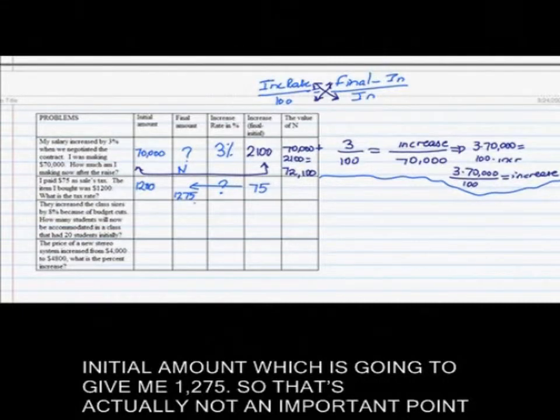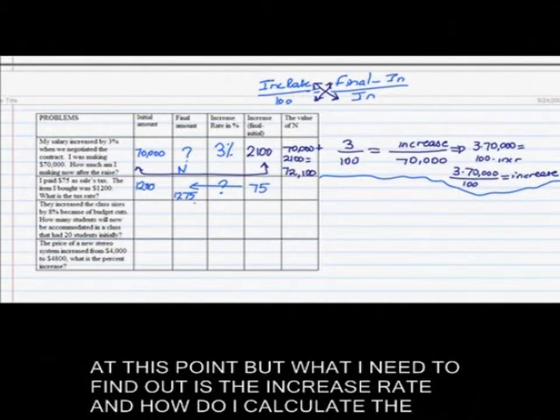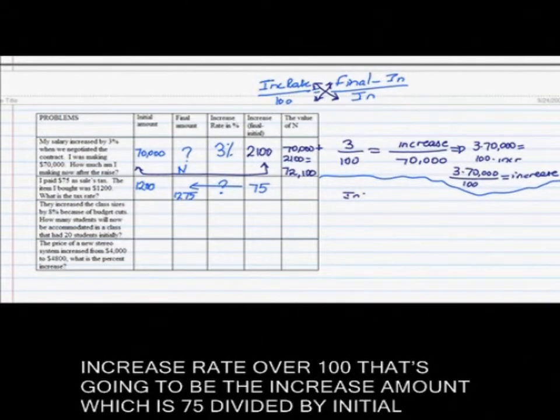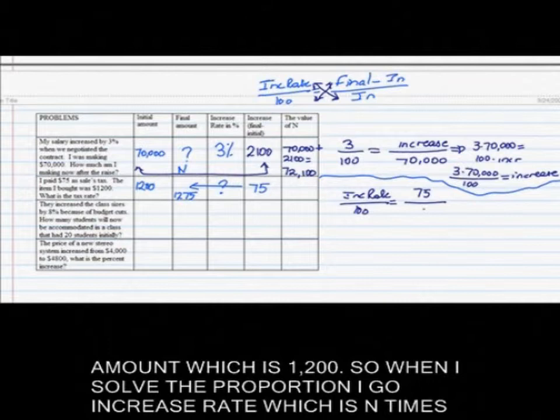So that's actually not an important point at this point, but what I need to find out is the increase rate. And how do I calculate the increase rate? Remember, increase rate over 100 is going to be the increase amount, which is 75, divided by the initial amount, which is 1,200.